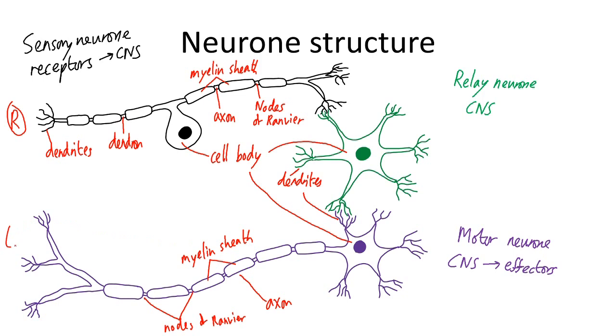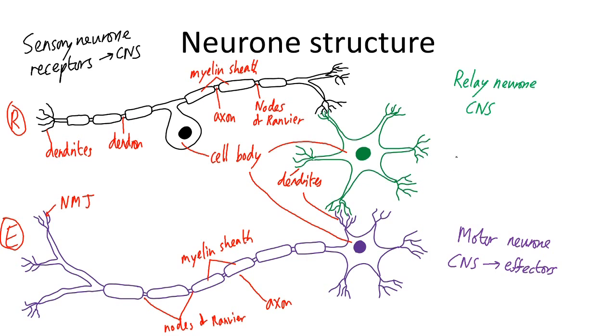At this end we're going to have the effectors. So you might have, for example, if this is connected to a muscle, a neuromuscular junction, which is covered in a different topic. And I also in this video won't be talking about synapses, which occur here and here between neighbouring neurons. That again is covered in a different part of the specification.